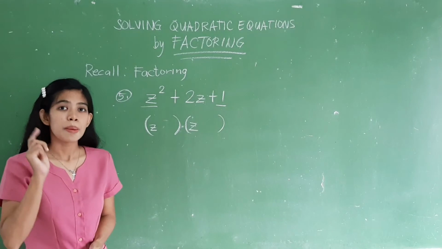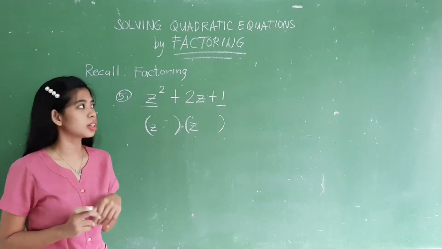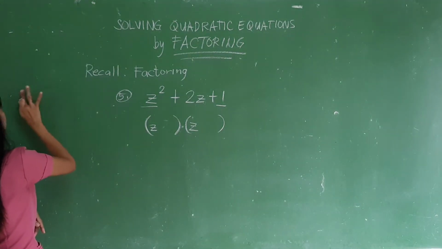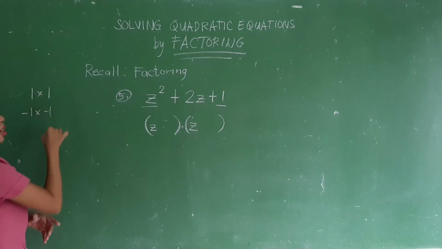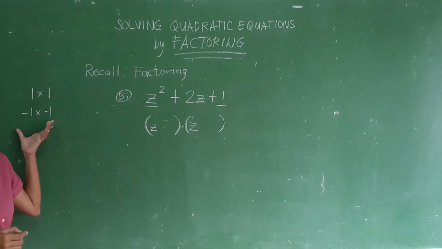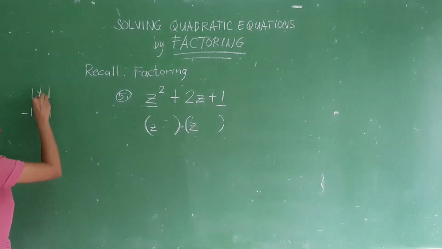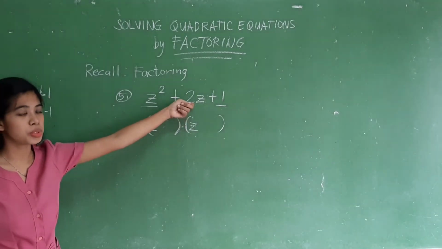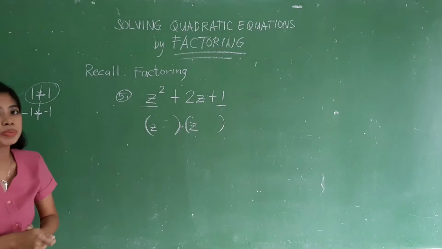It could be positive 1 times positive 1 or negative 1 times negative 1. Which of these are we going to choose? Choose the factors that when you add, you are going to get the middle term positive 2z. And correct, that is positive 1 and positive 1.